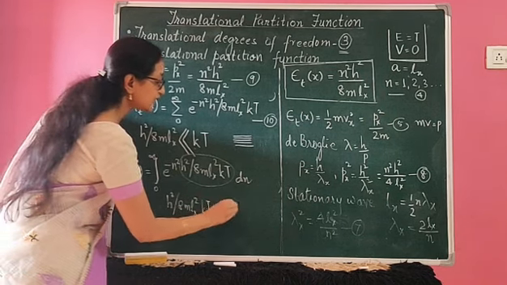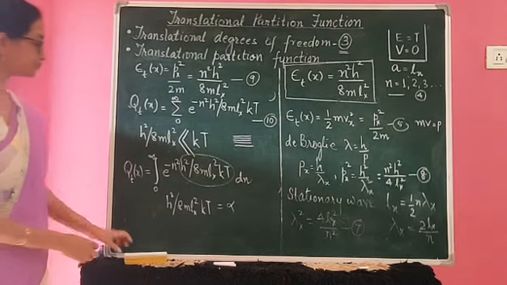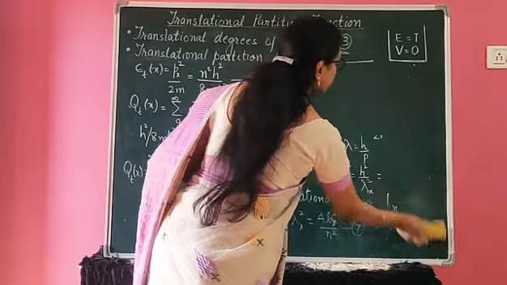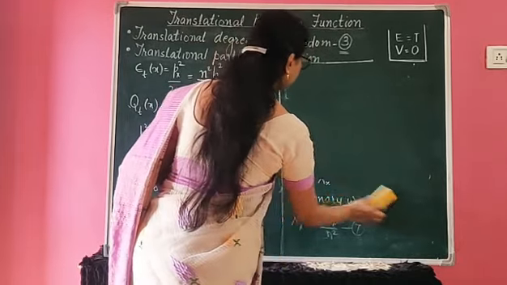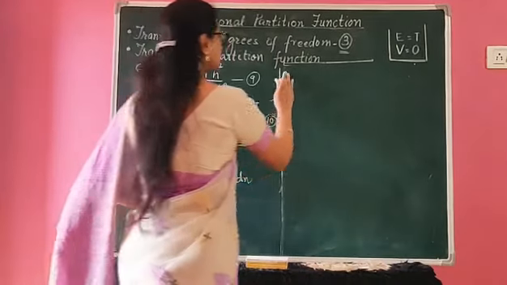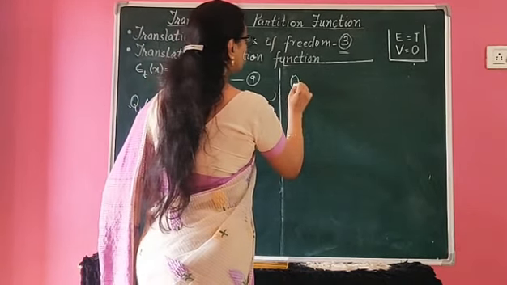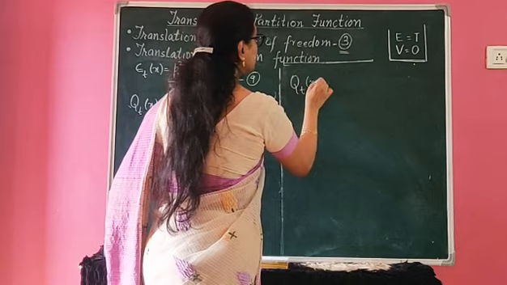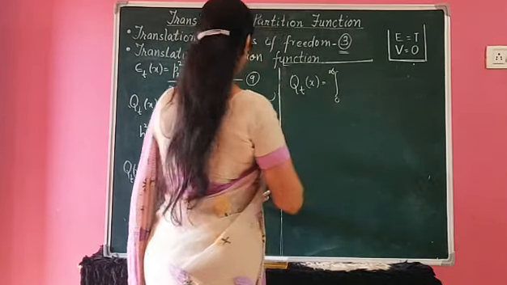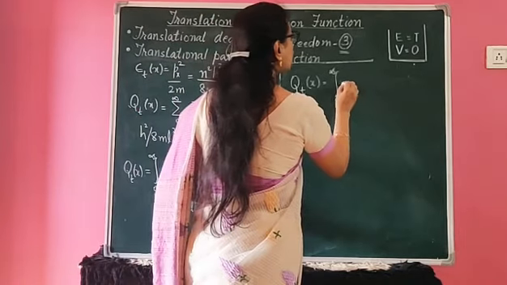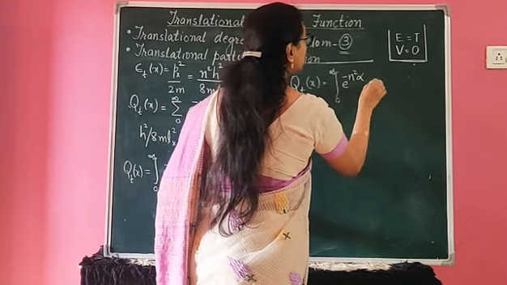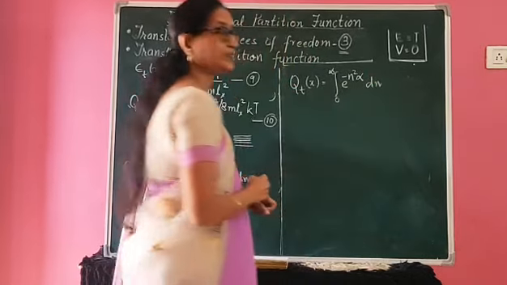Let us represent it by alpha. So we'll substitute this value. So qt along x direction is equal to integration 0 to infinity e to the power minus n square alpha dn.